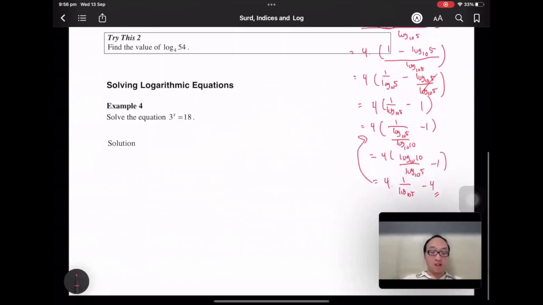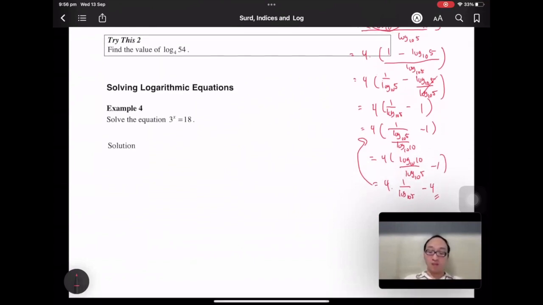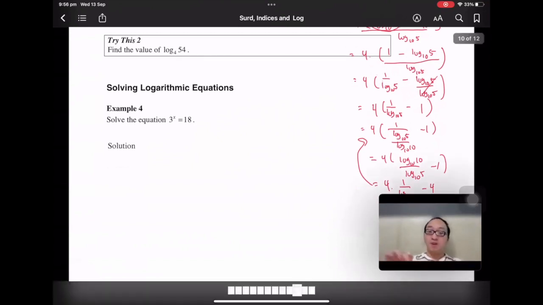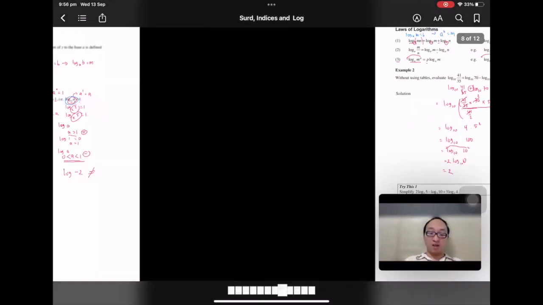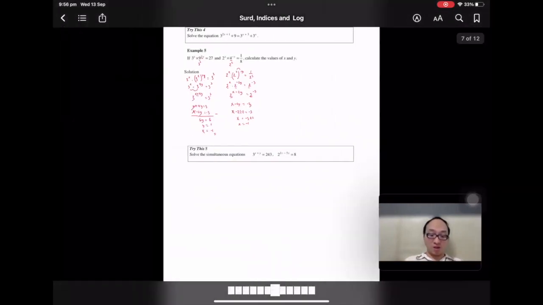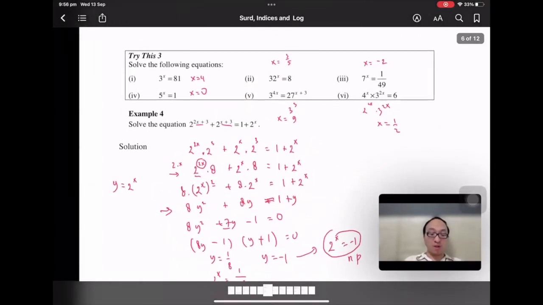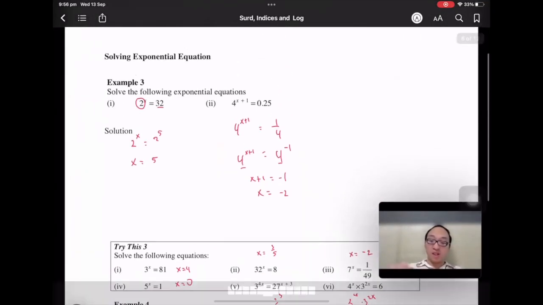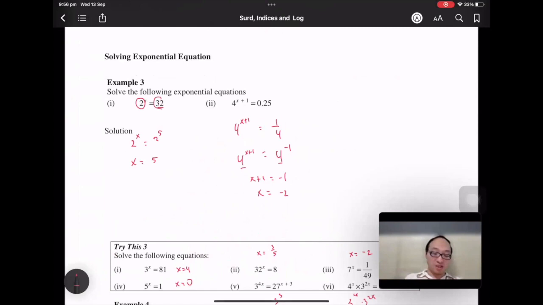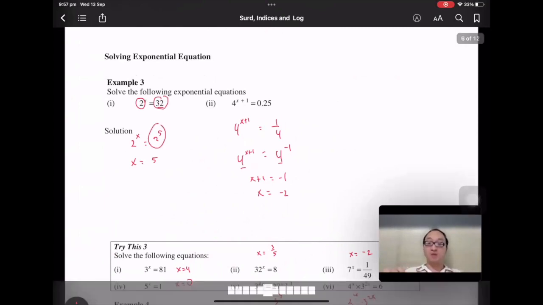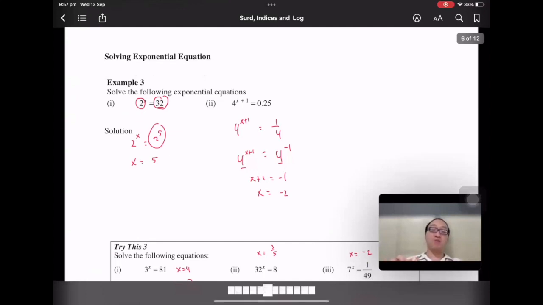And now we solve the logarithm equation. To solve the equation, 3 to the power of x equals 18. Before, in the equation of the power, we can express 32 in the base of 2, the number to the power of base 2.